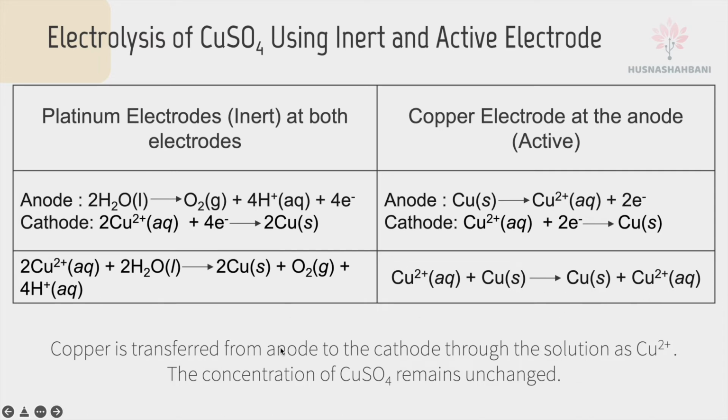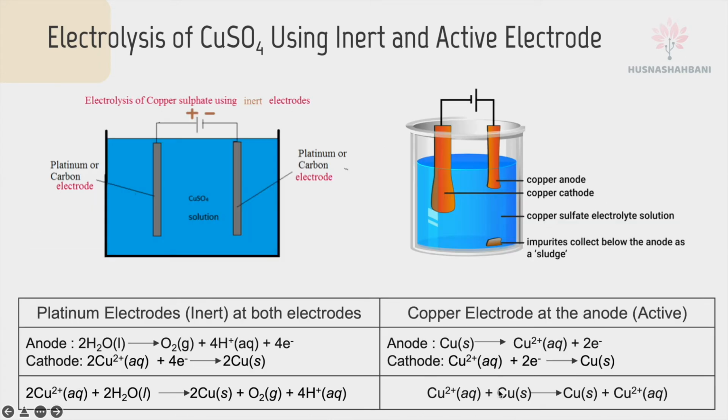Copper is transferred from anode to cathode through the solution as Cu2 plus. The concentration of CuSO4 remains unchanged. Even though the solid copper electrode undergoes oxidation to become Cu2 plus, means the copper is transferred to the solution, the concentration of CuSO4 remains unchanged.